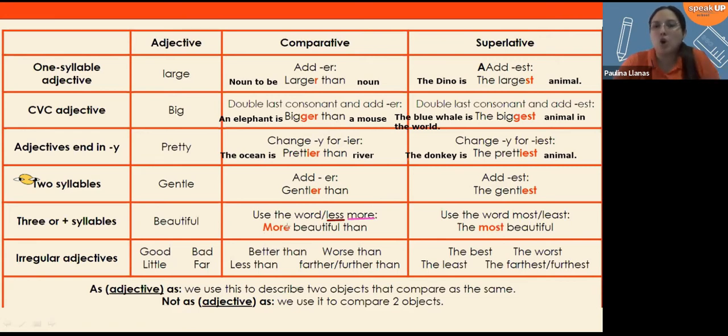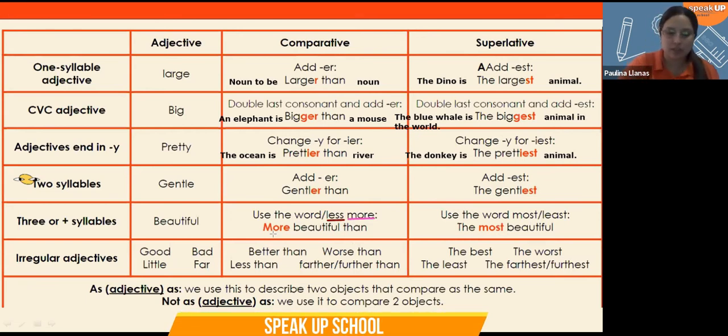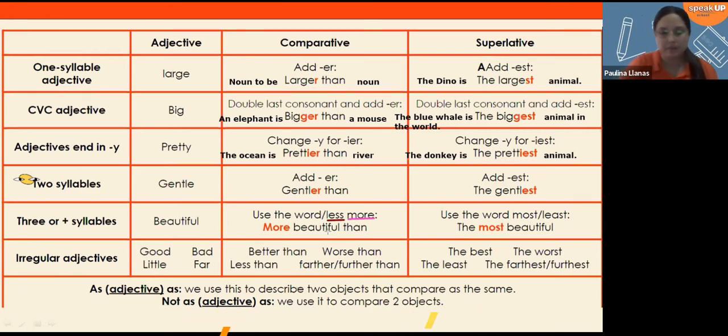More beautiful than. If you notice, the adjective beautiful doesn't have ER. The adjective stays the same, and I use the word more at the beginning. More beautiful, that's how I make the comparative. Or if you are describing something that is fewer, we use less. Less beautiful than.